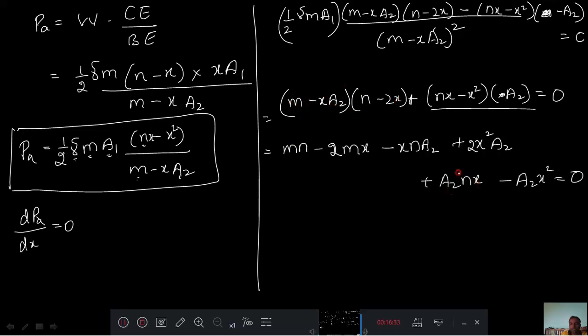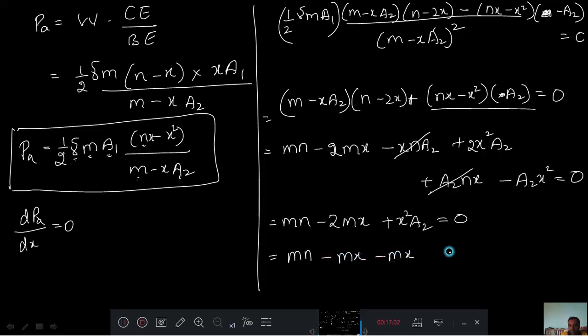Look here, A2 Nx, these cancel. Then here 2x square A2 and x square A2, therefore 1 x square A2. Now what will I do? I will do some magic here: MN minus Mx minus Mx. Now I will keep this one on this side and send that to the other side.